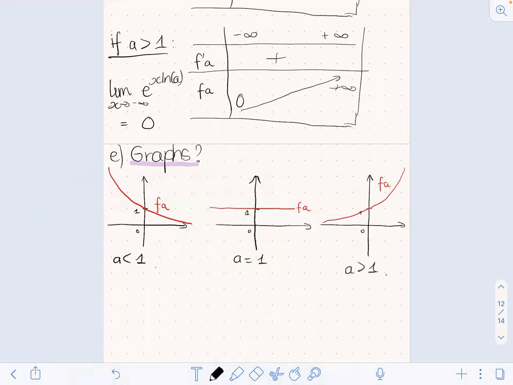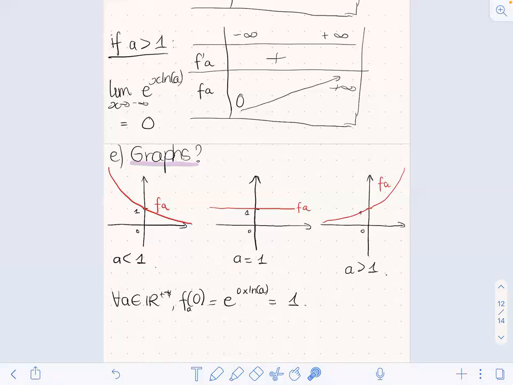So those are 3 graphs, and for any a in R plus star, we can compute f a of 0, which is equal to exponential 0 times logarithm of a, and that's always equal to 1, which justifies this point here being the same for all 3 graphs.